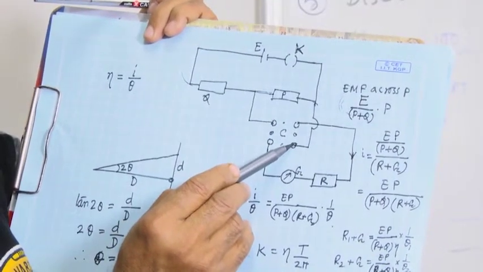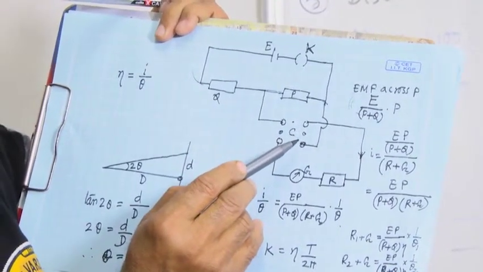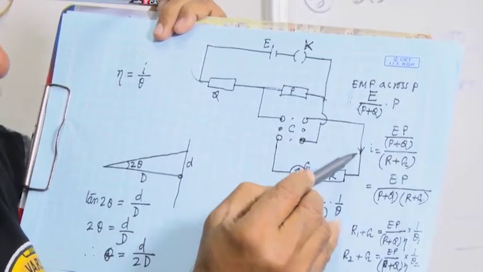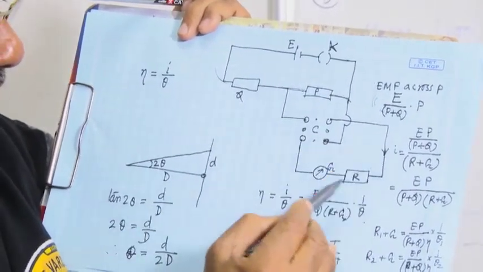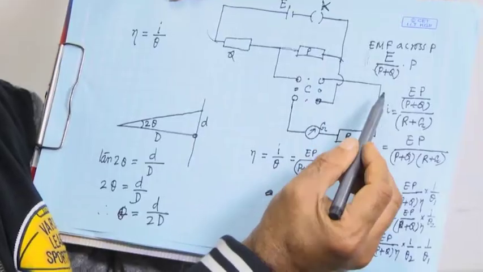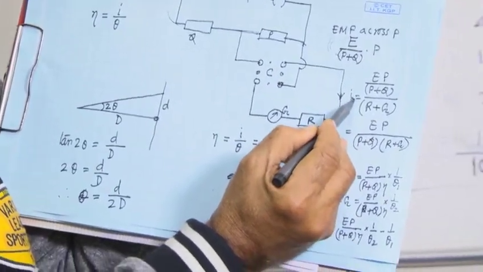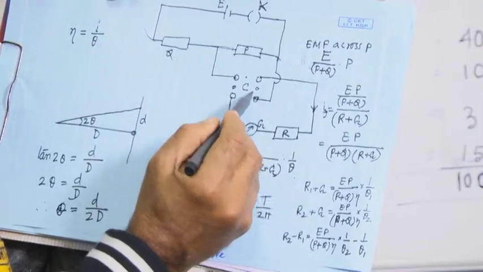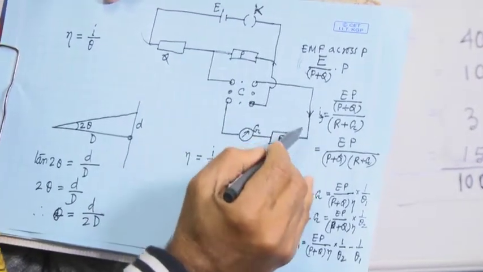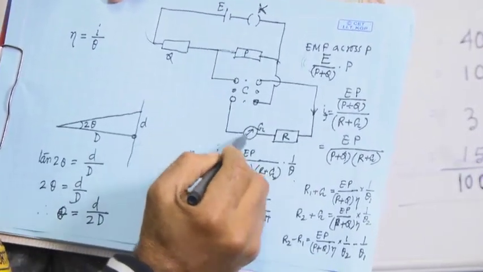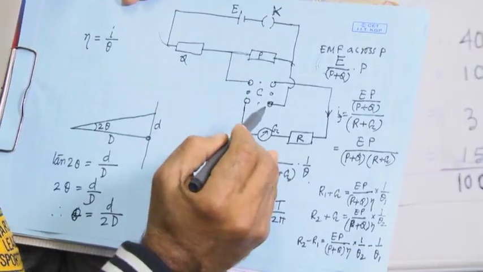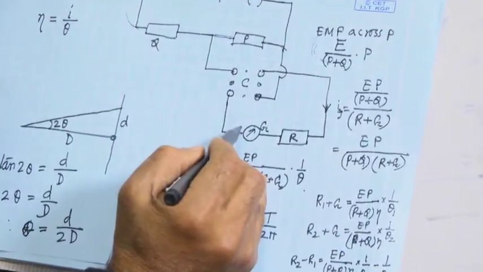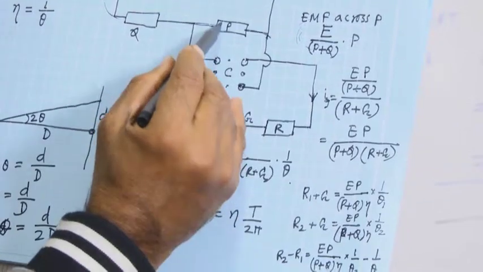Current will flow through this circuit through the galvanometer. I can write IG, the current passing through the galvanometer, as this voltage divided by the total resistance in this circuit, which is R plus G plus P.